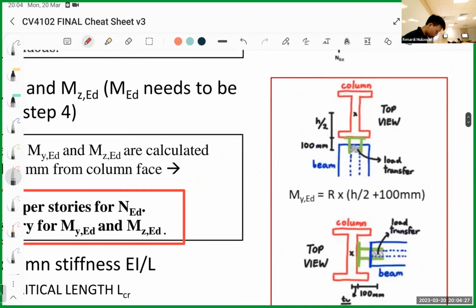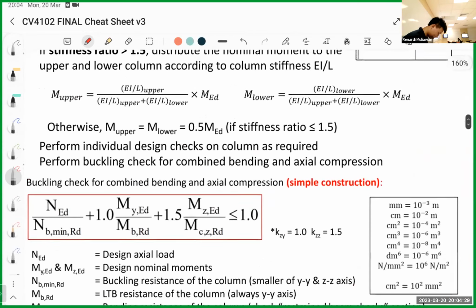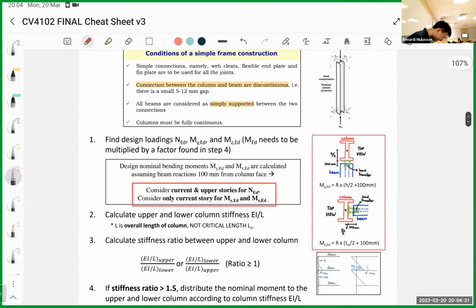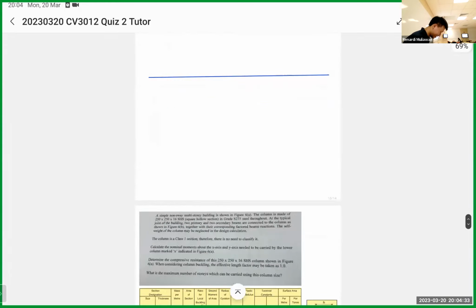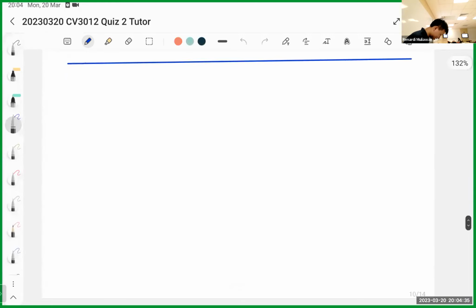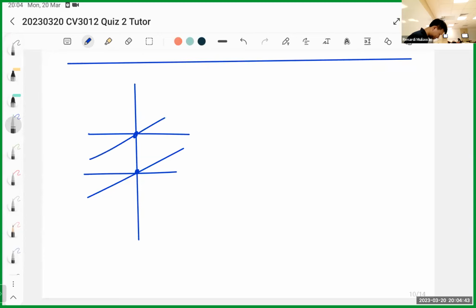Do I have a picture? No, I don't have a picture. Let's say something like this. It's a very low quality diagram, but I guess it works.